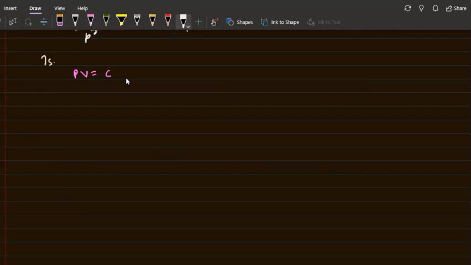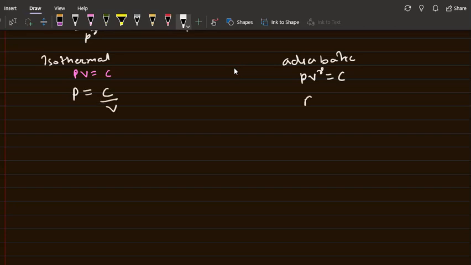For adiabatic, PV to the power gamma is equal to constant. Now, if I have to draw the PV curve, it will be P is equal to constant by V, and this will be P is equal to constant by V to the power gamma, right?